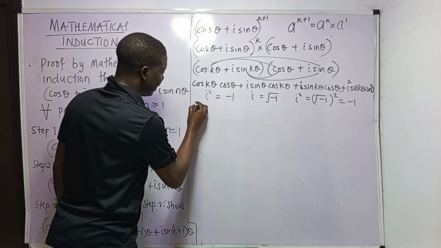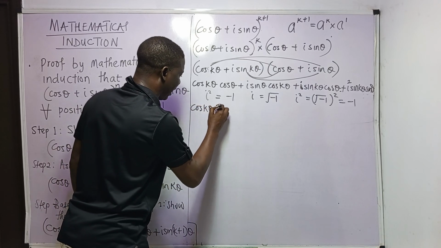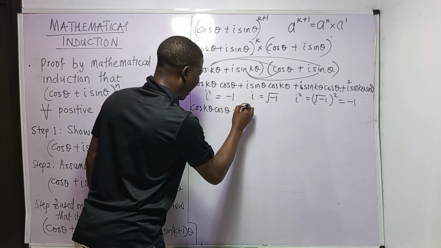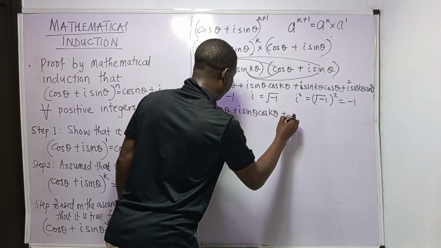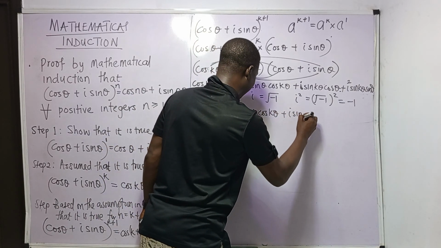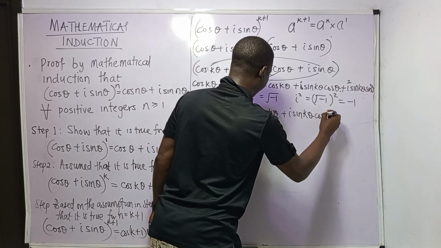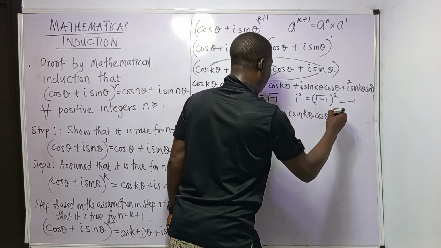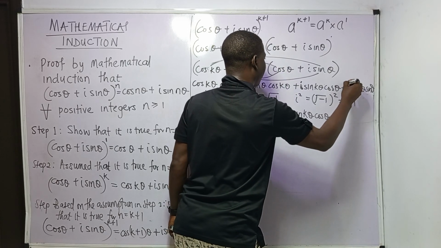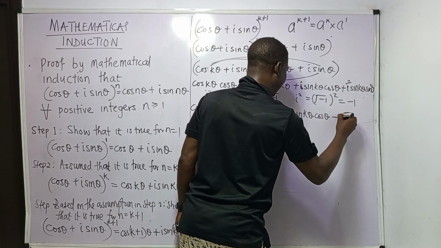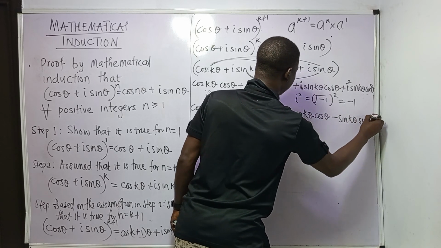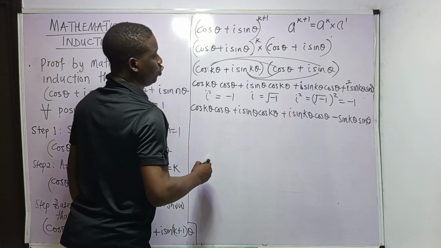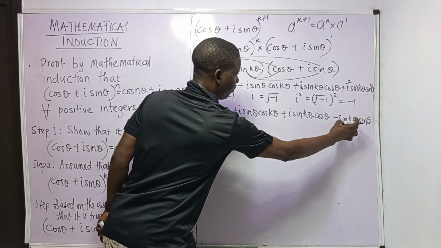Therefore, this one now becomes cos kθ cos θ plus i sin kθ cos θ minus, because i squared now becomes minus, sin kθ sin θ. Now collect like terms first.